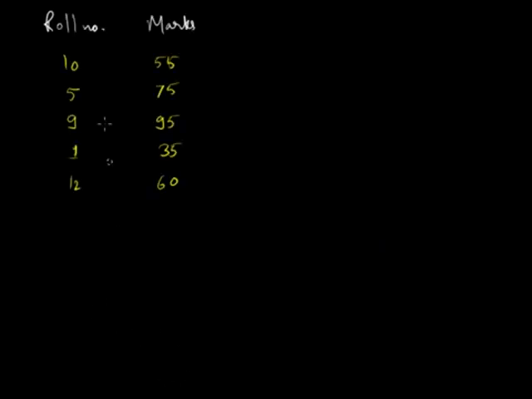Okay, now many a time in our life we have this situation, right? Roll numbers and marks. So we have rows and we have columns. Now this is essentially a matrix, right? This is a matrix, and a matrix is nothing but a 2D array, a two-dimensional array.